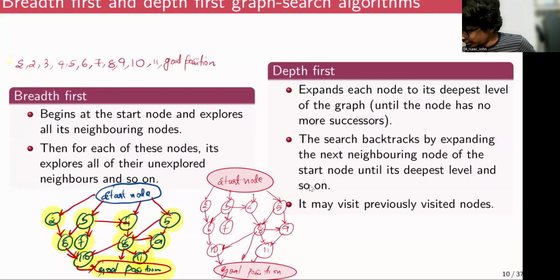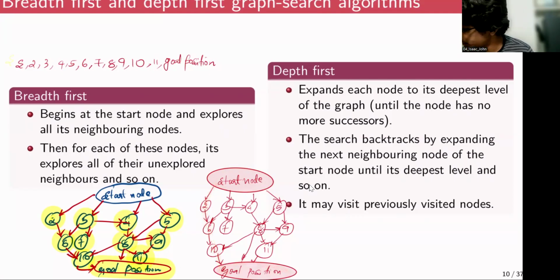So let us execute this depth first algorithm. As it says, it expands each node to its deepest level. So if you are starting from the start node, it will expand everything up to the deepest level until there are no successors. If it goes through this path, it straight away reaches the goal position.